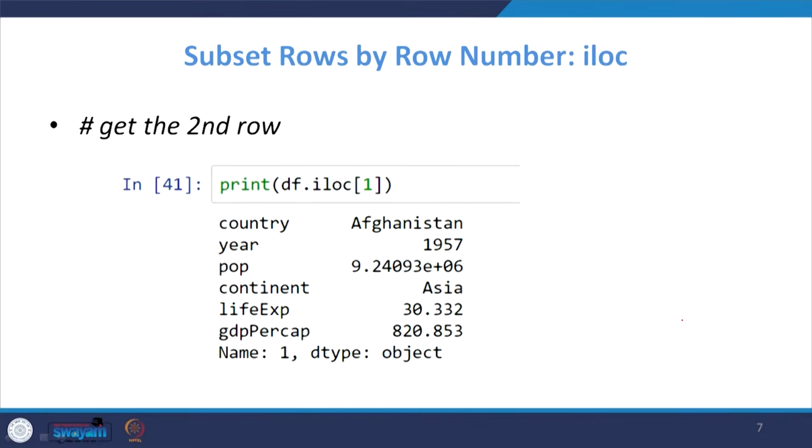There is another way we can subset rows by row number, by using this command iloc. Previously loc, now we are going to use iloc. Suppose I want to get the second row, if I type print df dot iloc 1, I will get the details about the second row.